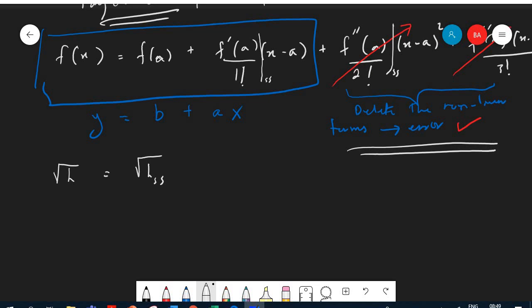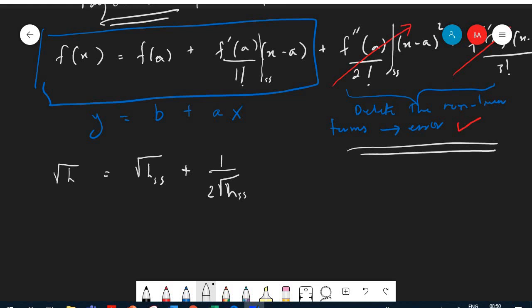So we substitute the steady state value, plus the derivative of the square root of h at steady state, which is 1 over 2 square root of h. Because it's at steady state, the h will be at steady state.